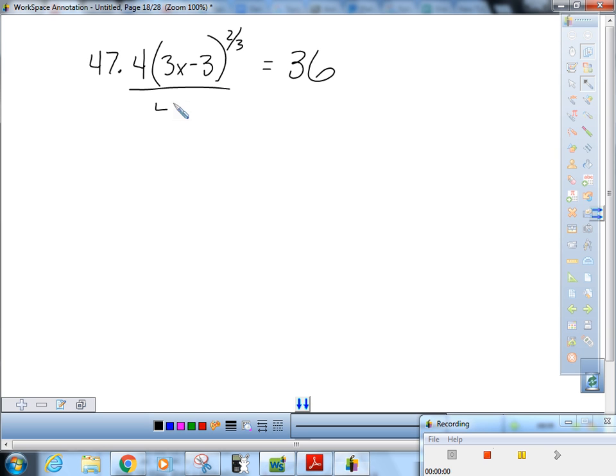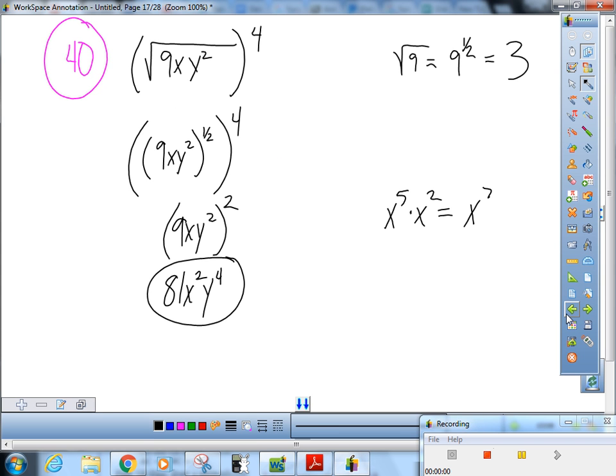So the first thing you want to do is divide both sides by 4. You done? Okay, so you end up getting 3x minus 3 to the 2/3 equals 9. Okay, now if we look back at the last example, when we take a power to a power, we multiply them.